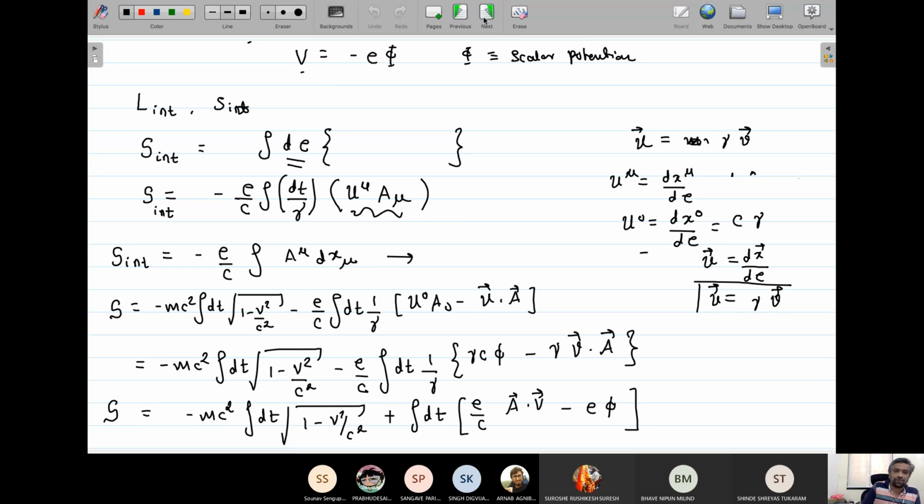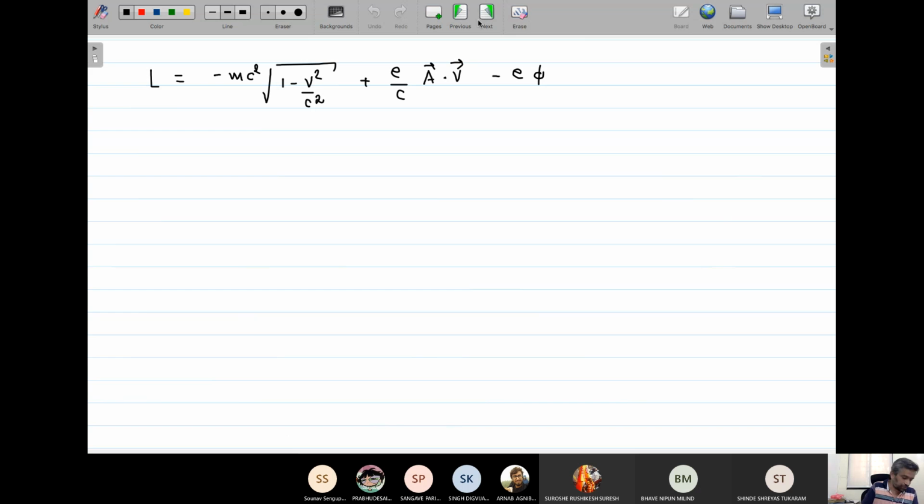Now, once I have the Lagrangian, or once I have the action, we start our usual analysis. You determine the Euler-Lagrange equation of motion. What do we need? We need ∂L/∂ẋ^i. Then we need ∂L/∂x^i. And then we need d/dt of ∂L/∂ẋ^i. That's it.